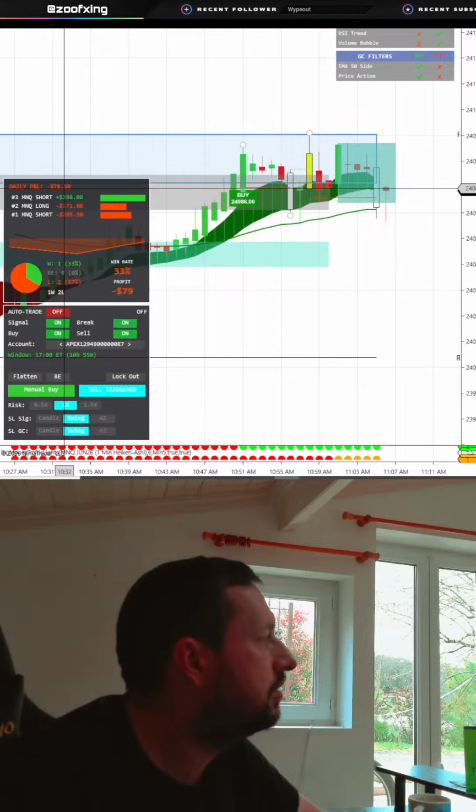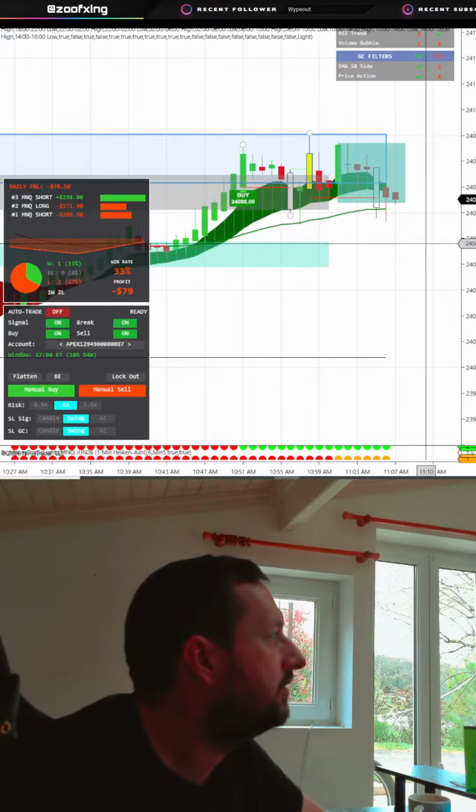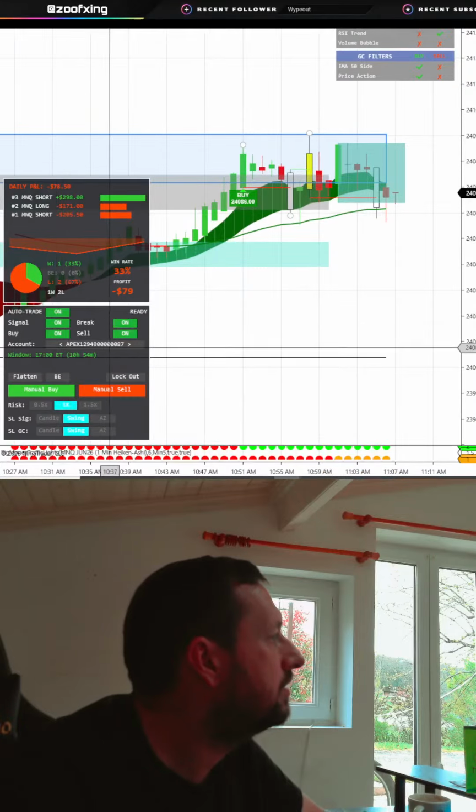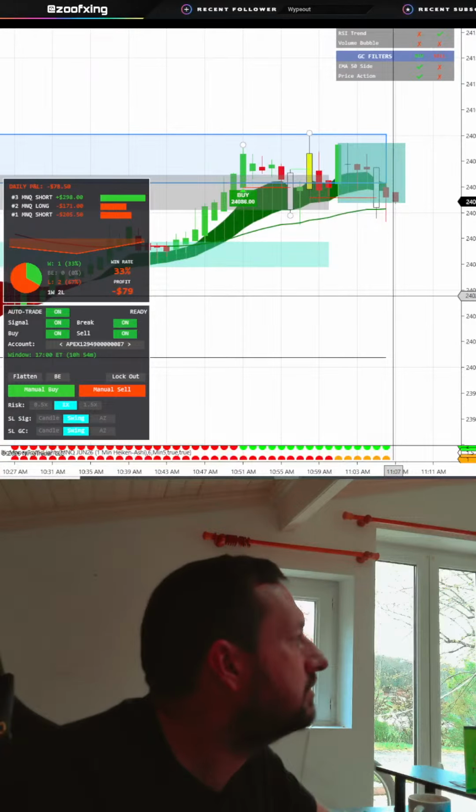Will it stop it from trading, or will it let it trade? Yeah, so it's still on. So that update's worked. Let me get rid of it. So now you don't have to have auto trade on to take trades, which is good.